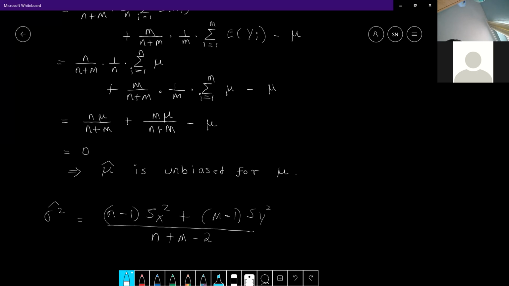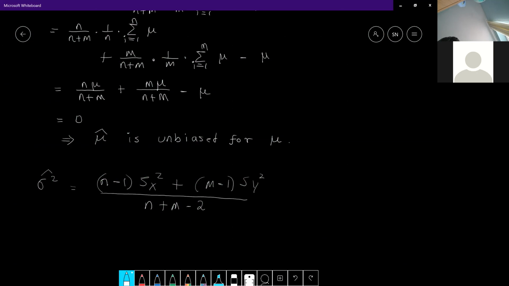Okay, this you can write as follows, because remember sx squared is the sample variance for the x's, and sy squared is the sample variance for the y's. So you can write this as follows.